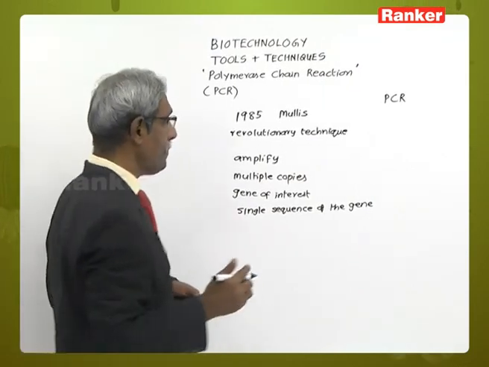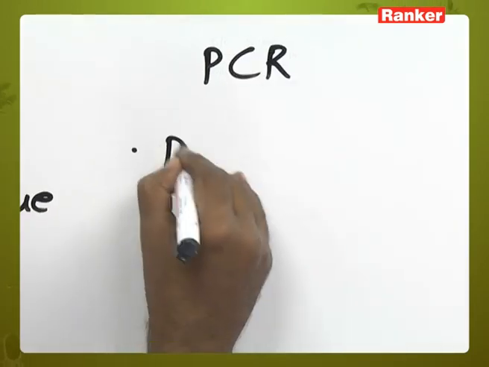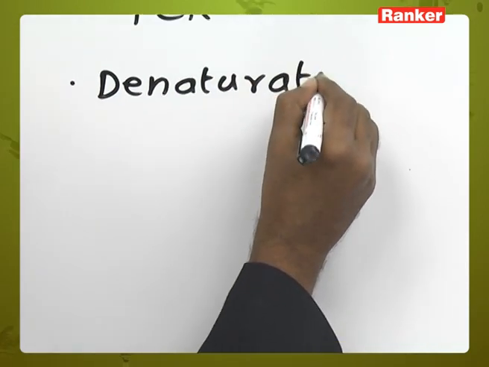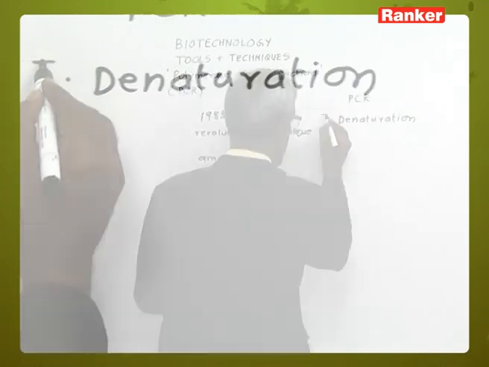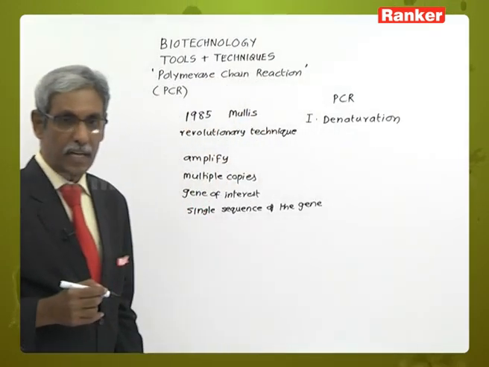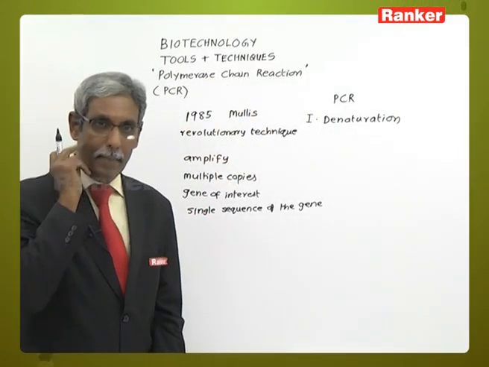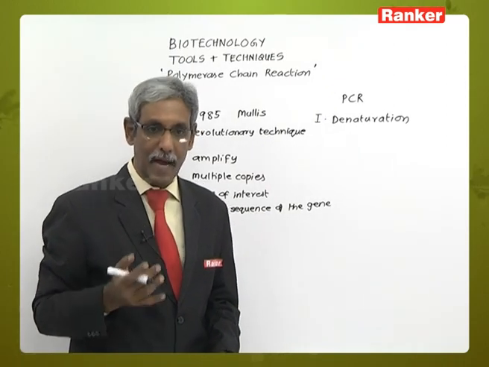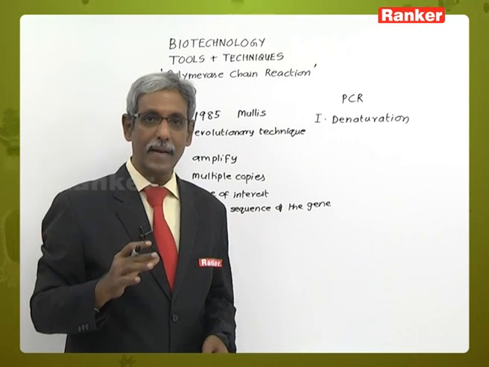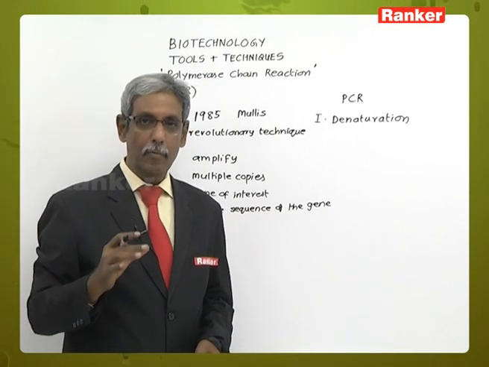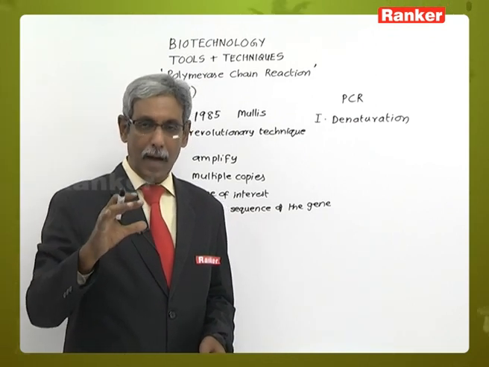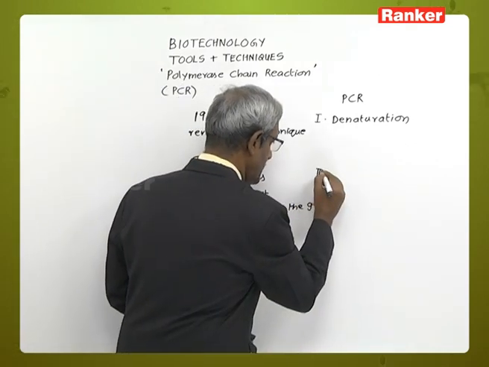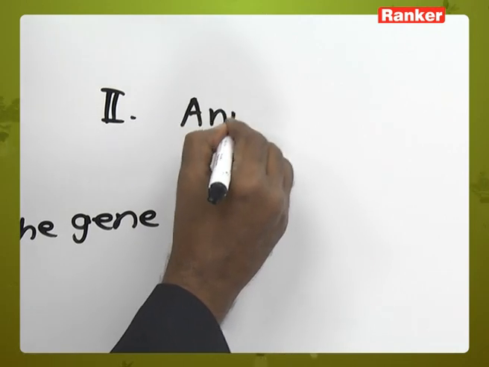We have the first step which is termed as denaturation. Now denaturation of the DNA primarily means that we need to separate the 2 DNA strands. After we separate the 2 DNA strands, we would again be annealing or joining the 2 DNA strands. The second step is termed as annealing.